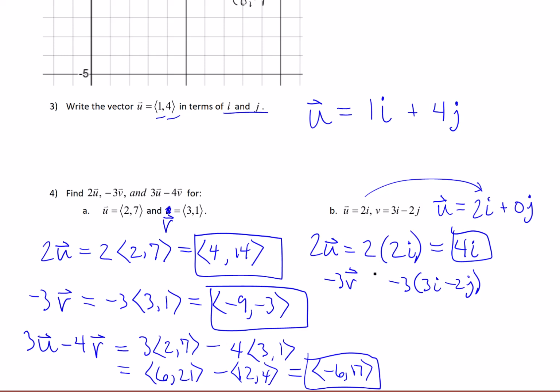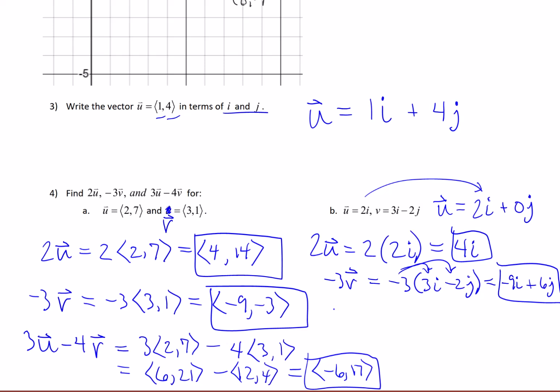You're going to distribute, in order to multiply, negative 3 times each of those components of this vector v. So you'll have negative 3 times 3i would be just negative 9i. And then negative 3 times negative 2j would be a positive or plus 6j. And that's where we leave it. So that's the final result. Again, it's still in ij form. It's just using basic algebra to do it.